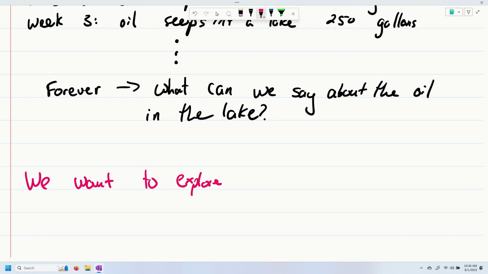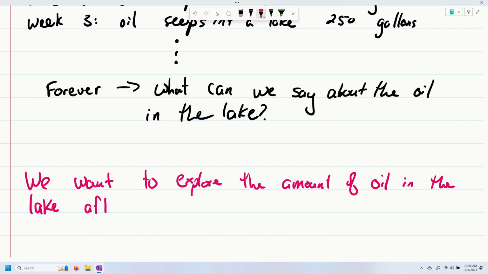We want to explore the amount of oil in the lake after k weeks.